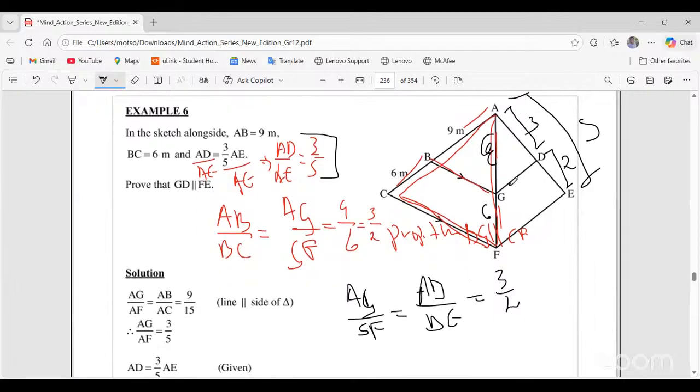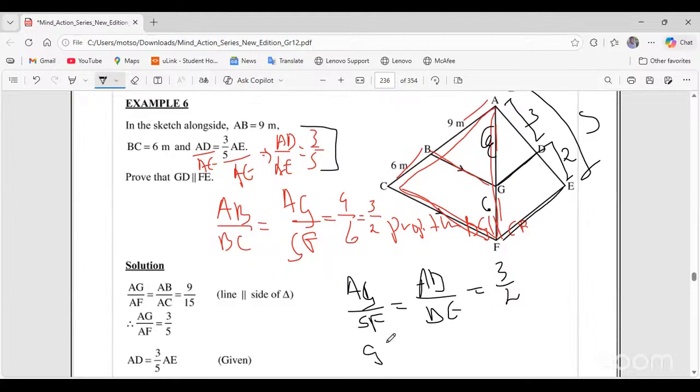So now you can say this line GD is parallel to FE. Why do I say this?